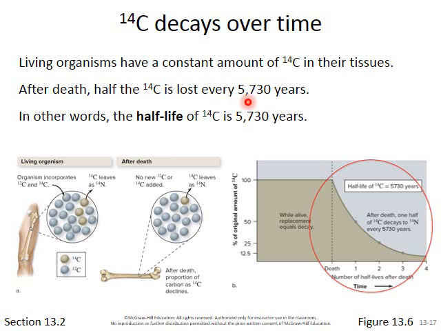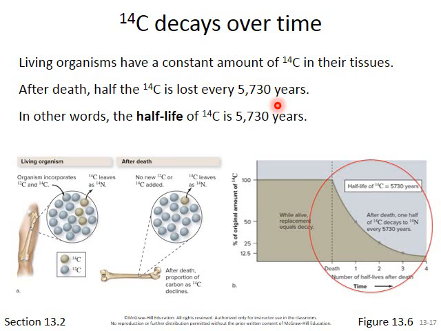In another 5,730 years, another half will be gone. So the first half-life, now we have 50%. The second half-life that passes by, it will halve it again, which means we now have 25%.